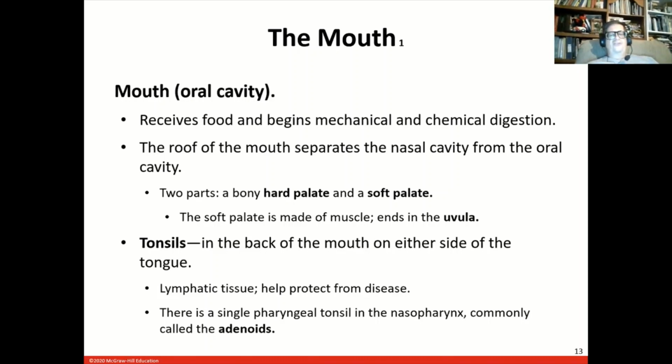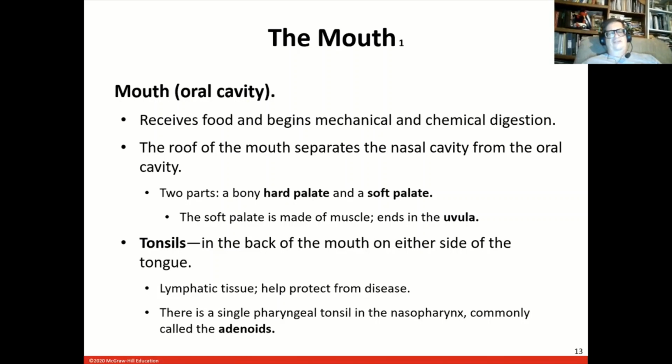It also says there's a single pharyngeal tonsil in the nasopharynx. That means up above the uvula, and it's commonly called the adenoid. So, fine, these tonsils, we'll talk about. They have little pockets going back into them that we call the crypts, and stuff gets caught in there.